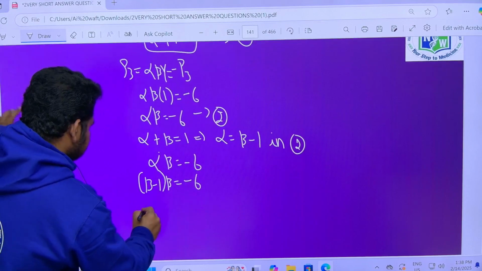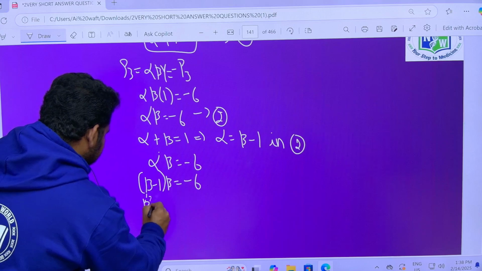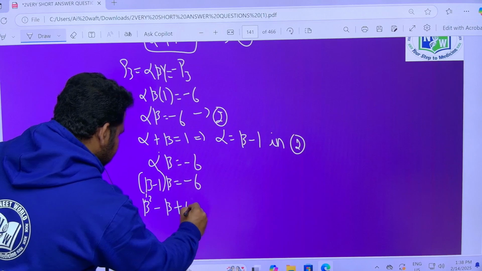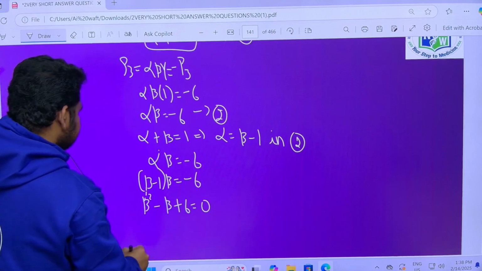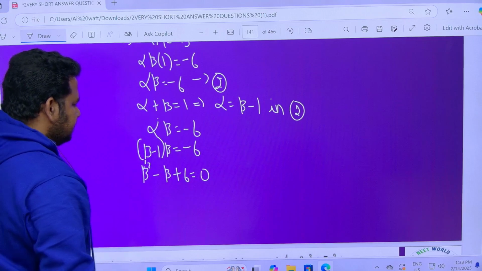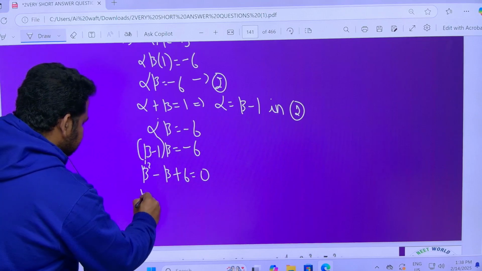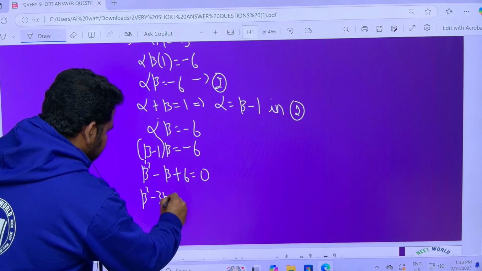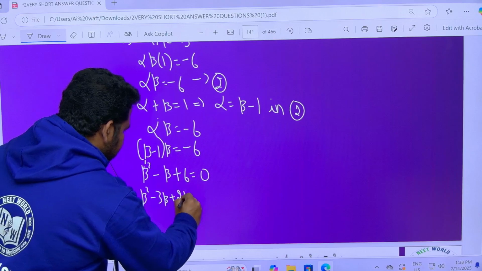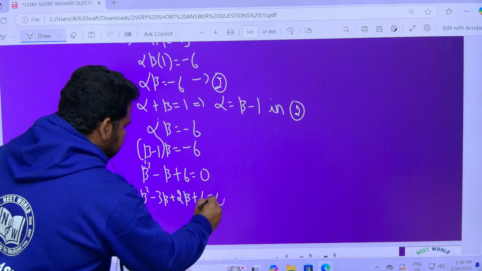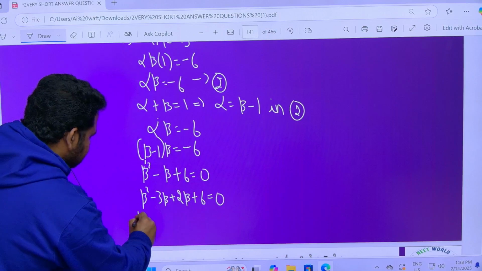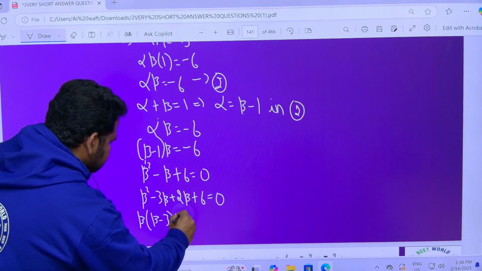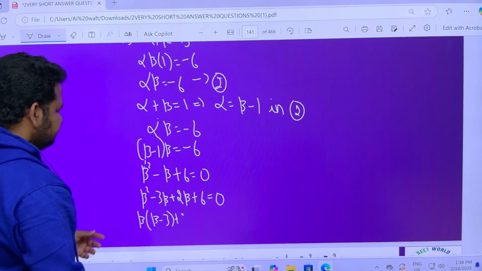So by multiplying this, I will get beta square minus beta. If I bring 6 this side, plus 6 is equal to 0. So I can take it as: where the product is plus 6 and the sum is minus 1. So beta square minus 3 beta plus 2 beta plus 6 is equal to 0. If I take beta common, beta into beta minus 3 plus 2 into what can I do?